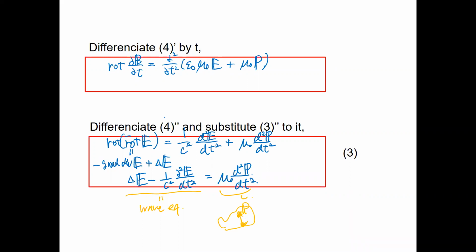So this is a kind of source of light. Inside the material, the temporal change of the polarization gives some sort of electric field wave. That is what this equation means, and this equation is called the propagation equation.